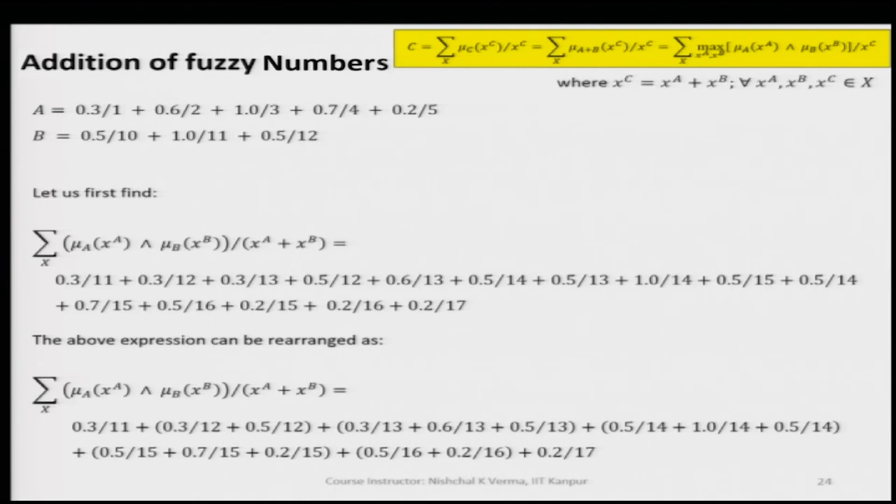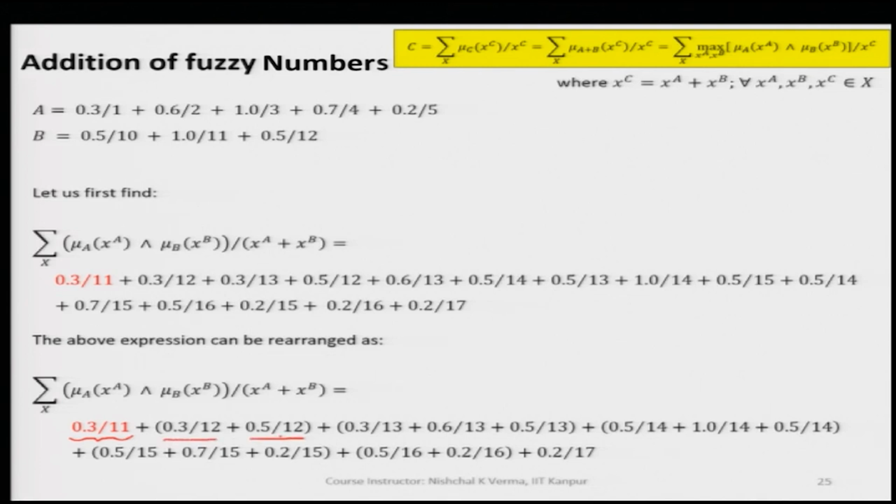So, let us now rearrange these findings, and when we rearrange we see that for the generic variable value 11, we have only one term, that is with membership value 0.3. And when we see for generic variable value 12, we have two terms here.